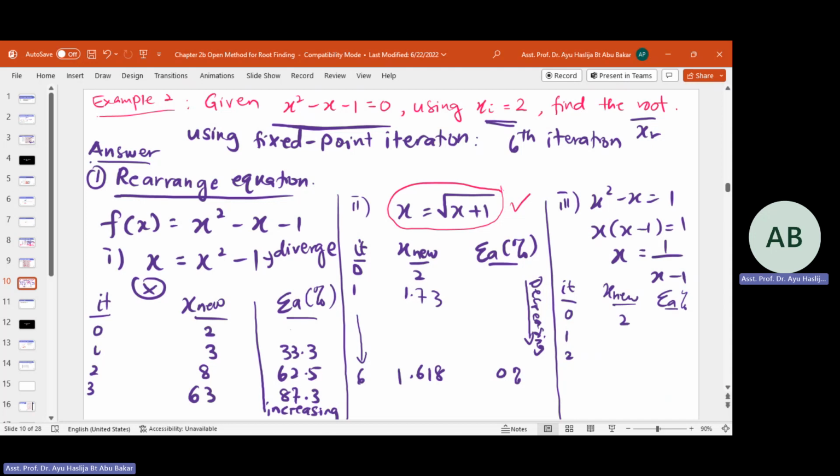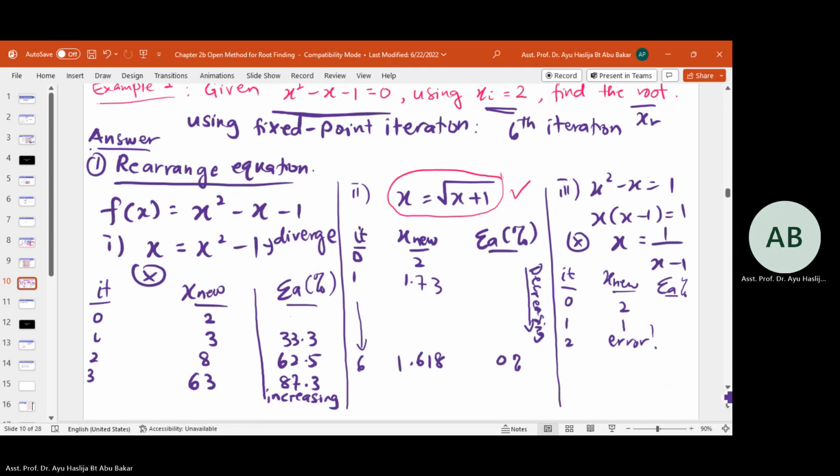Okay, for the third equation here, the first one you get 1. It looks like converging, but then for the second iteration, you will get an error. So this equation cannot be used. Those equations that are not feasible to be used, we call a bug.